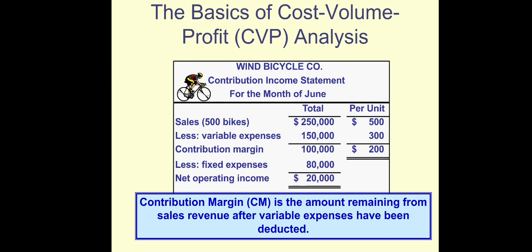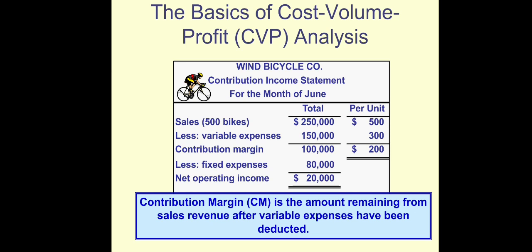In this income statement, the contribution margin for this business is the revenue minus variable expenses. For the total contribution margin, the amount is 100,000, because the revenue is 250,000 and the variable cost is 150,000. That is the contribution margin or total contribution margin.